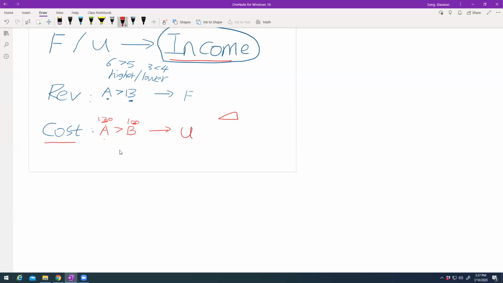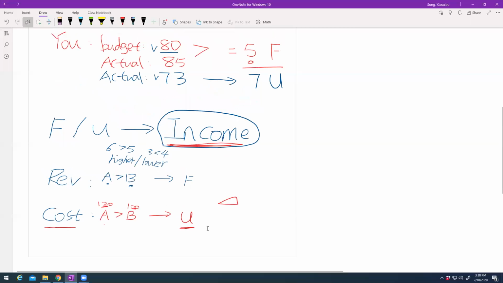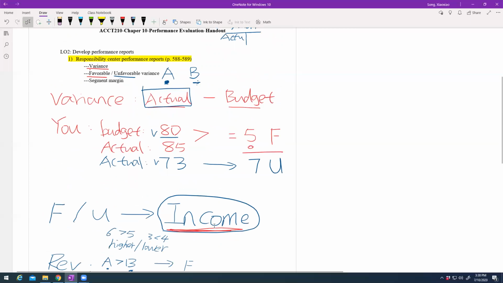Higher revenue means better, but higher actual cost means worse, which means unfavorable. Students usually ask, how do I memorize? This is a common concern. We talk about favorable and unfavorable from the perspective of income. We will do more numbers in learning objective 5, so understanding the logic here is good enough.